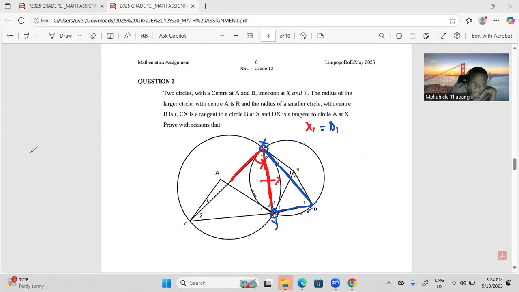Another thing that we can observe, I'm teaching, I'm not giving away answers actually here. Another thing that we can observe, this tangent, the line XP is a radius.